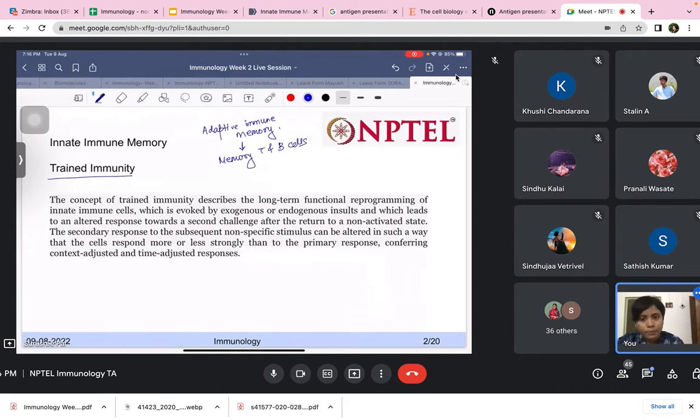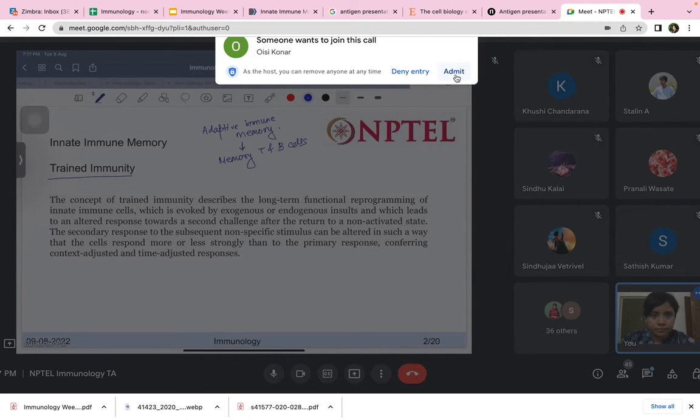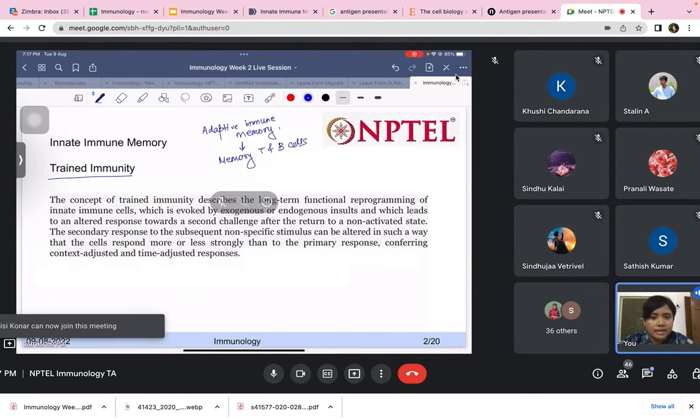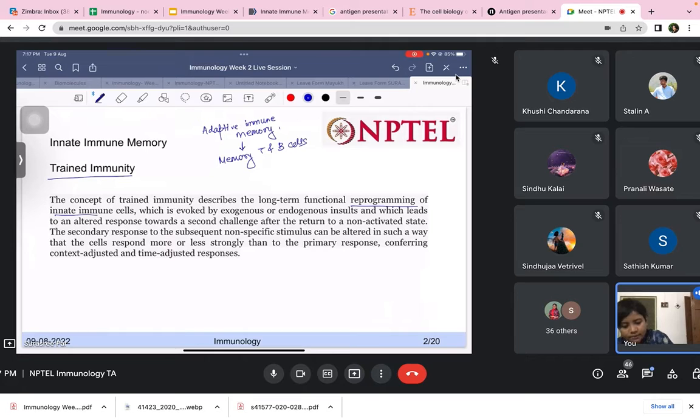So suppose there has been a previous infection of a particular pathogen, and due to this previous infection, there has been a reprogramming of the innate immune cells. Which means that the innate immune cells are now reprogrammed to recognize this particular pathogen, because it has infected previously also.